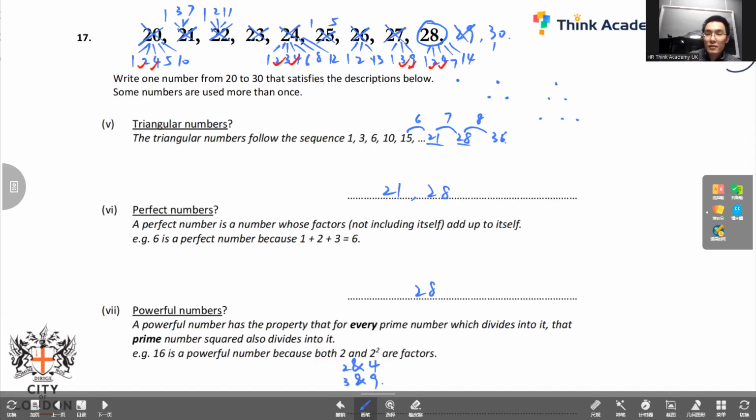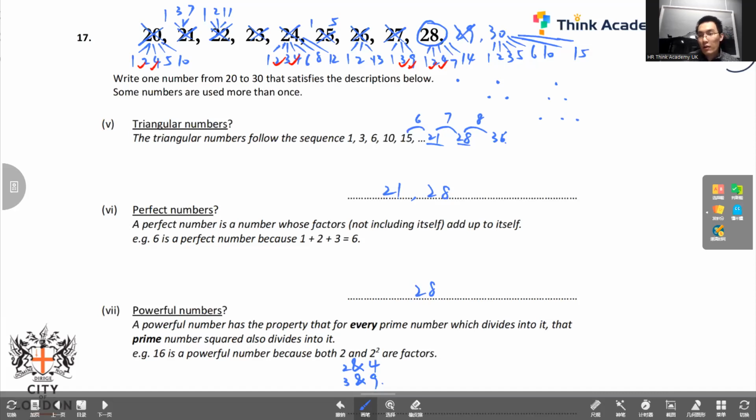So the factors of 30 are 1, 2, 3, and then not including 4, but we do have 5, and then 6, and then 3 times 10, 2 times 15. We have these factors, 1, 2, 3, 5, 6, 10, 15.